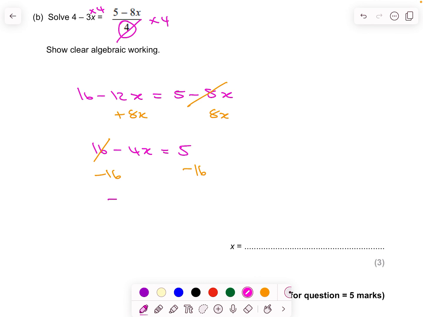And so I get minus 4x equals 5 take away 16, which is minus 11.